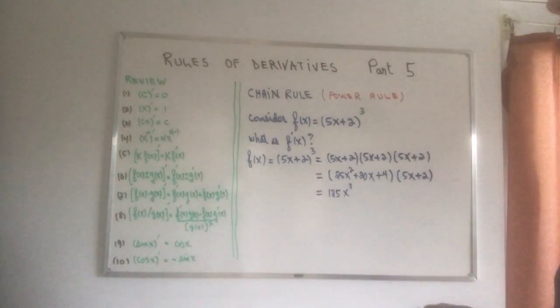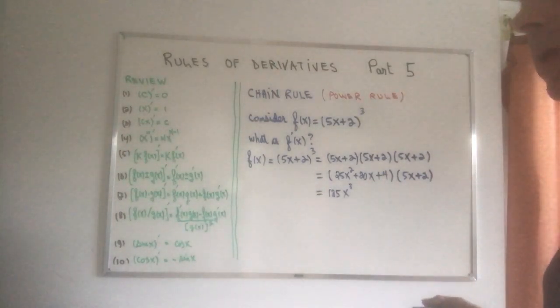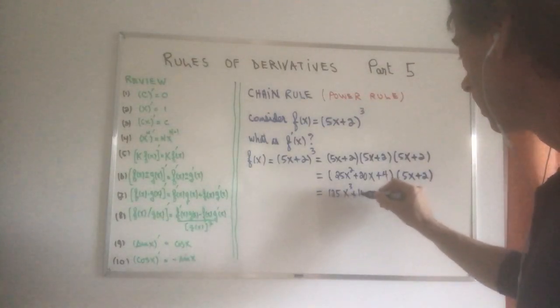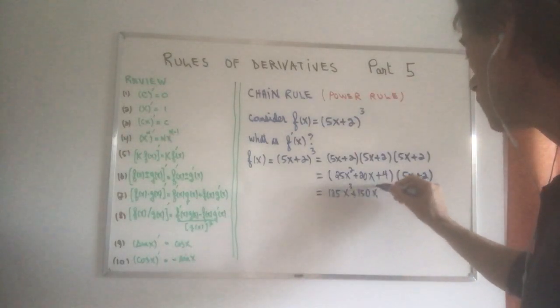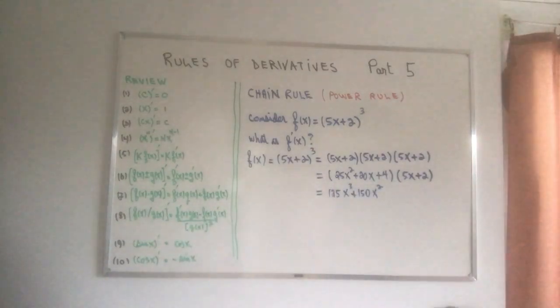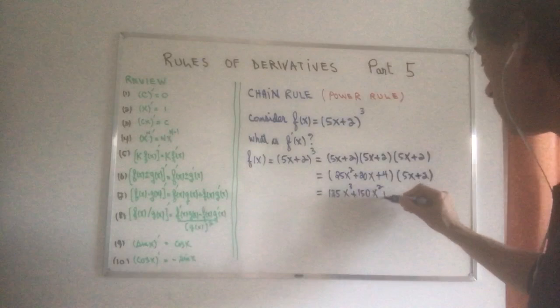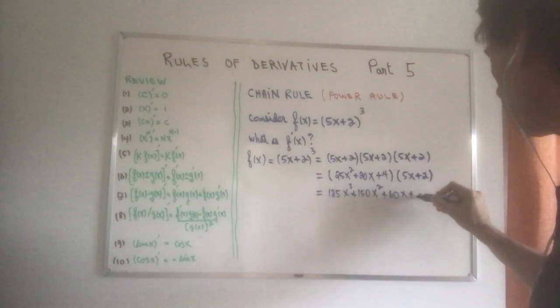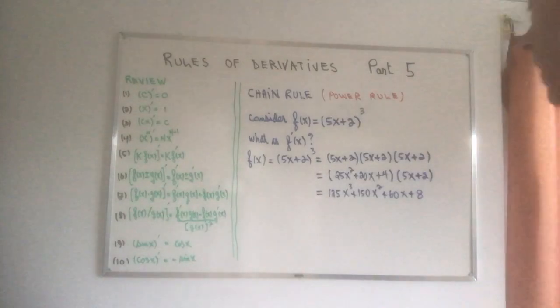What else are we going to get here? 120 plus 50, so that's 150x squared. In terms of the x's themselves, I'm going to have 20 and 40. I'm going to have 60x, and 4 times 2 is just 8.